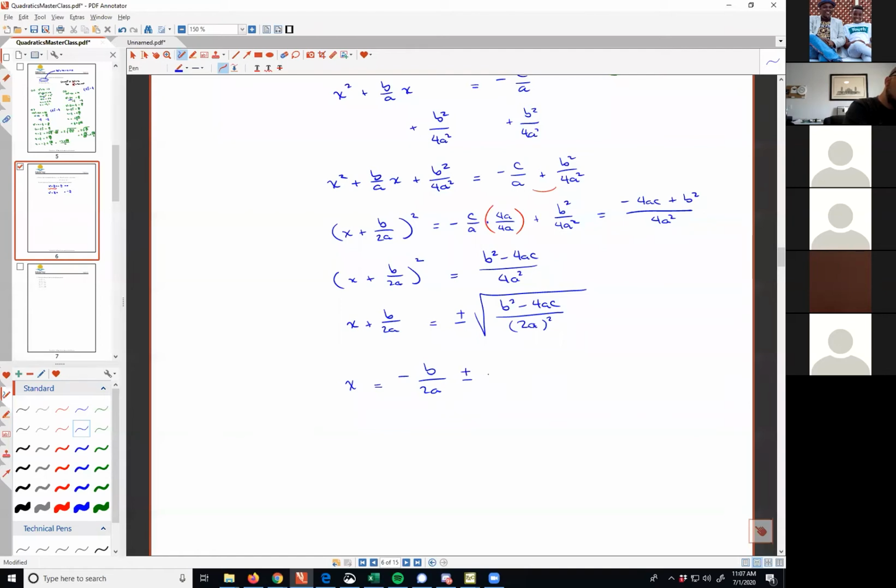And I'm going to separate the numerator and denominator of the radical expression so that we can take the square root of 4a squared and get 2a. And then usually we see these results written over the same fraction.